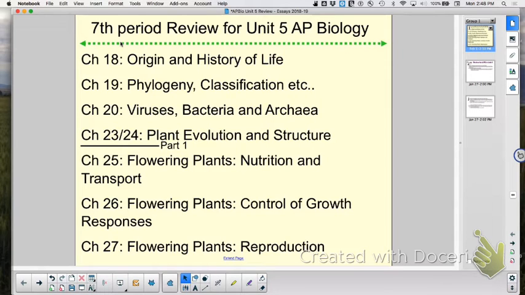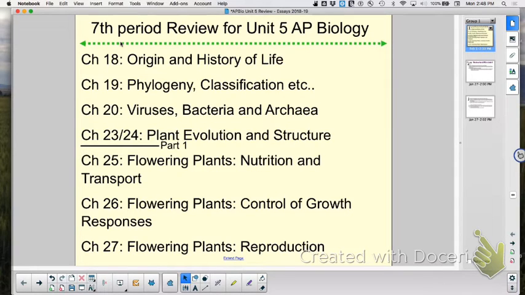What are some major plant structures? Vascular tissue is found in what plant structures? Roots, stems, leaves, those are plant structures, right?